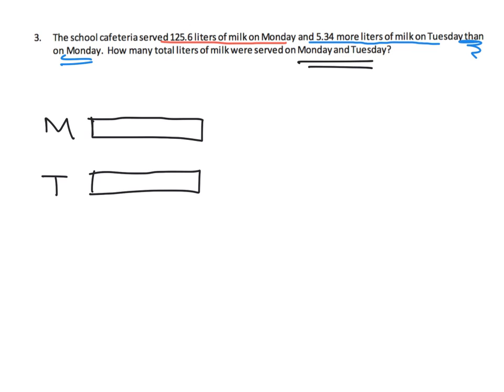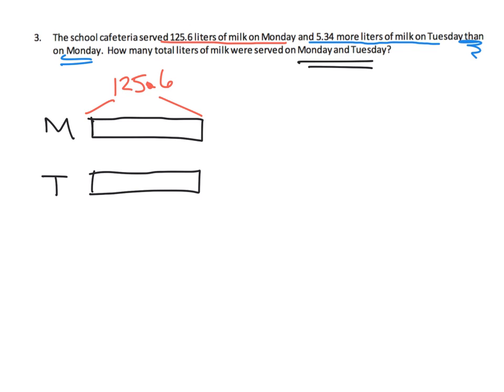And then I'm going to go back and I'm going to read the question. It says the school cafeteria served 125.6 liters of milk on Monday and more milk on Tuesday. So the idea is Monday is right here, and that's 125.6 liters.